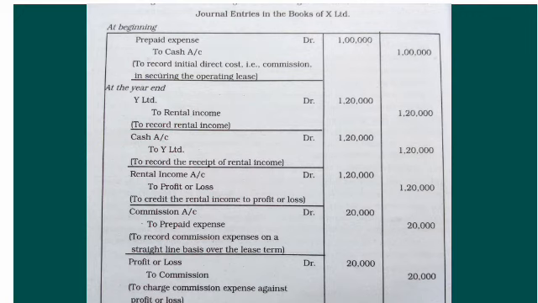These are the journal entries in the books of X Limited, who is the lessor. The commission amount is treated as a prepaid expense at the beginning and is transferred to profit and loss account as commission at the end of every year. The last entries are repeated for 5 years.